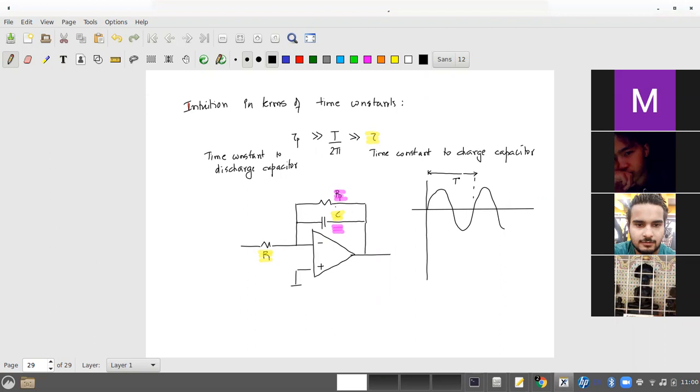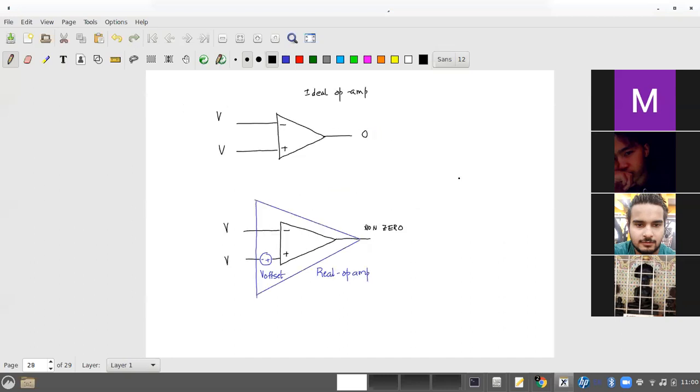It's under this condition that your system will work as a good integrator. Is this clear to everybody? Mull over this. You can try this out in LT Spice. In order to get a real op amp, just put a small offset, as I've shown, to any of the other op amps that you already use.